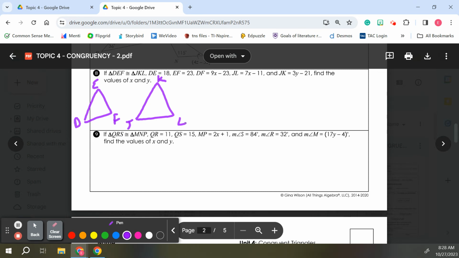We are just doing this as kind of like, think of it as a blueprint. Nothing's really built yet. It's just to give us an idea where things go. So if we look at DE, that's 18. I'm just going to fill in the spots. EF is 23. DF in this case is 9x minus 23. Then we have JL, which is 7x minus 11.